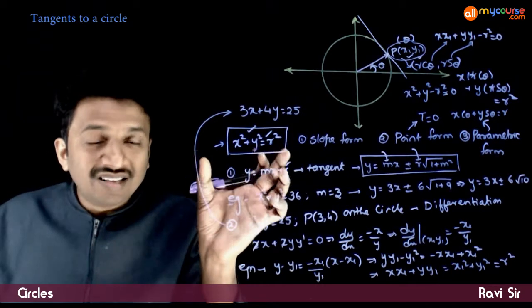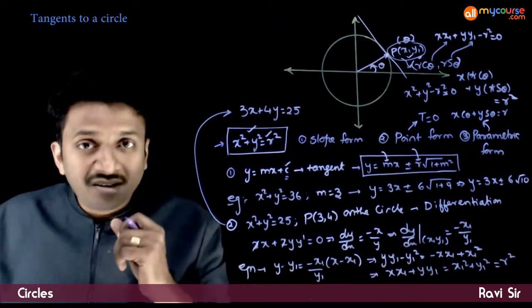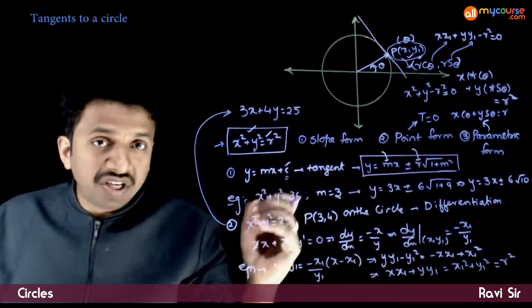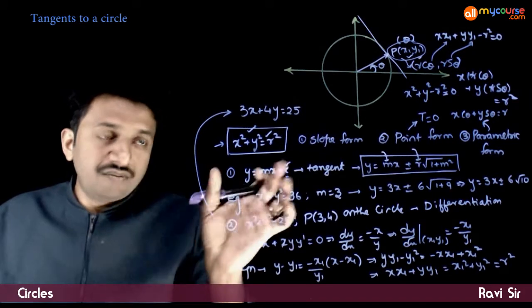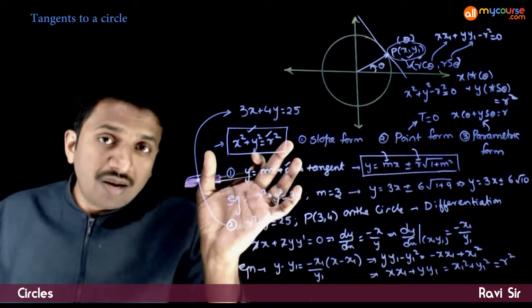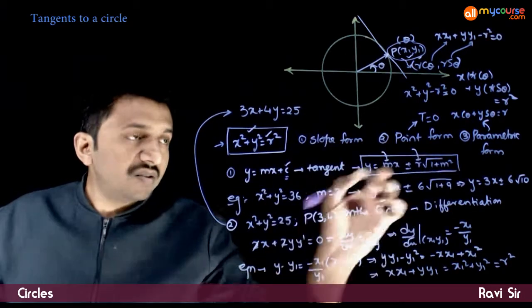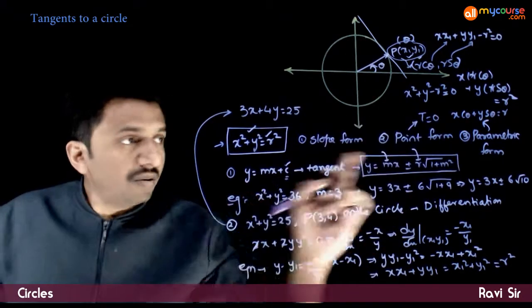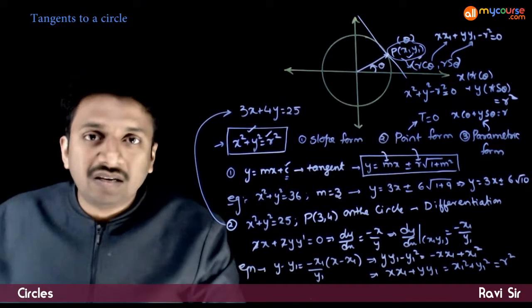We are dealing with the simple equation of a circle. If the equation becomes complicated, how we need to change these forms will be discussed later. For now, for x square plus y square is equal to r square, the slope form is this, the point form is T equal to 0, and the parametric form is x cos theta plus y sin theta is equal to r.